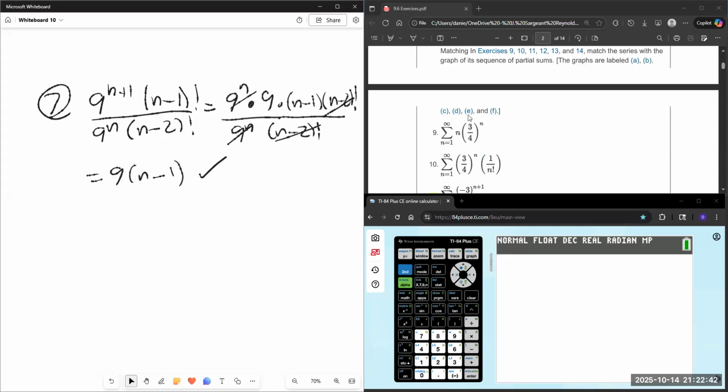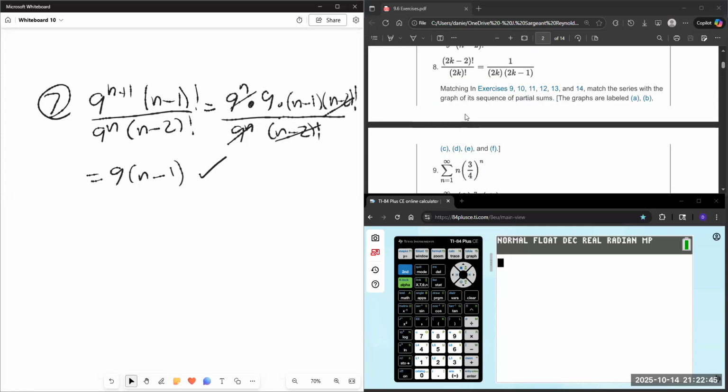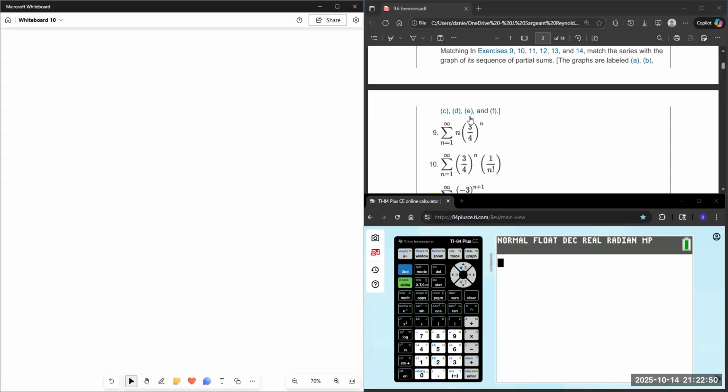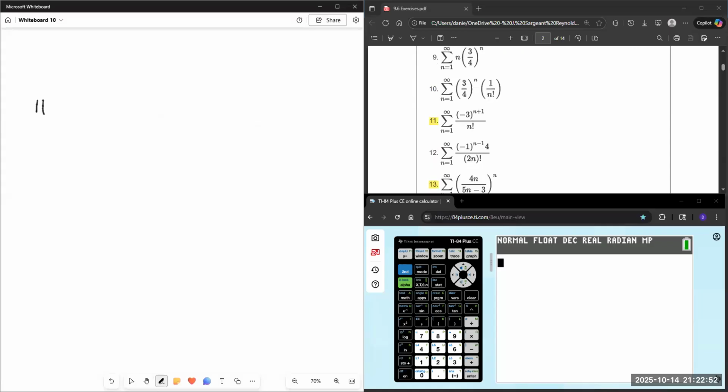Let's look at number 11. We want to match the series with the graph of the sequence of partial sums. Number 11 says the summation from n equals 1 to infinity of (-3)^(n+1) over n factorial. S1 would be 9 over 1, which is 9.